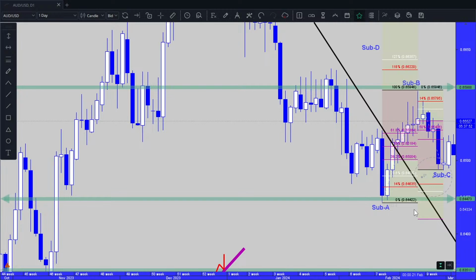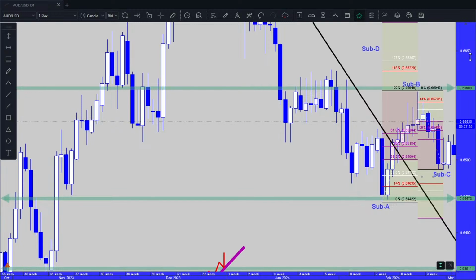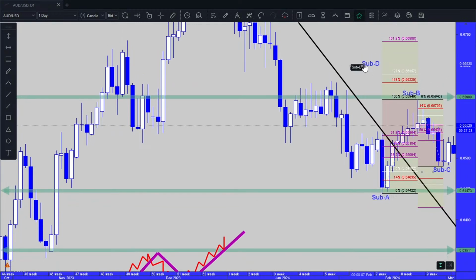You are going to risk less because it's a retracement trade, alright? Now, if your sub-C is confirmed, what does this mean? The original Fibonacci is still stronger, but do we have a great probability for the market to go up and fulfill our sub-D extension?